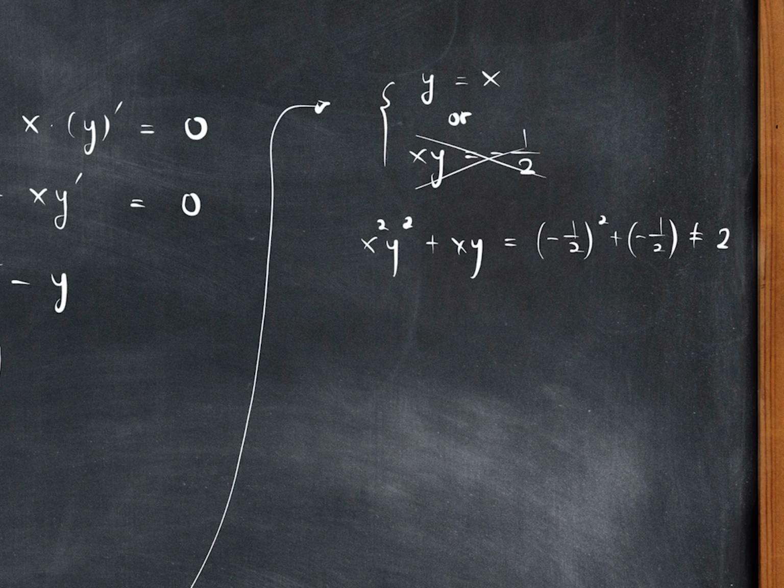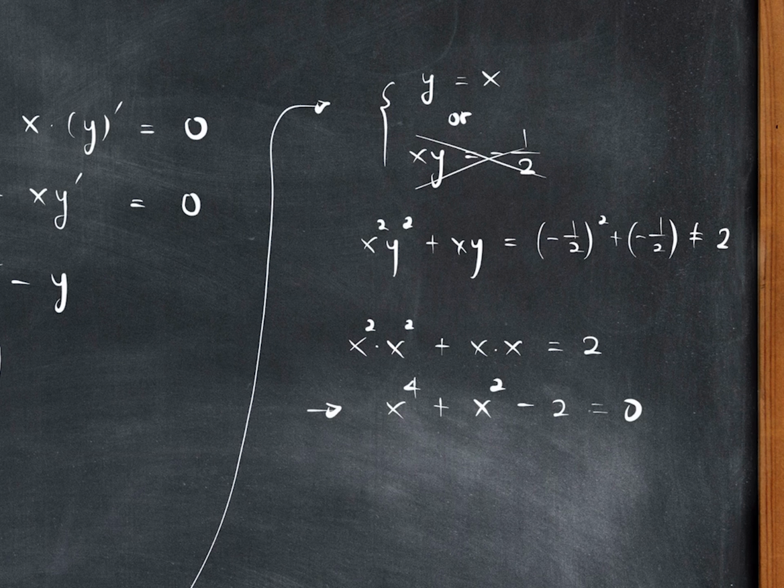So we plug this into the original equation. We substitute x for every y in the original equation, so we get x squared times x squared plus x times x equals 2. After some simplifying, we get x to the power 4 plus x squared minus 2 equals 0.